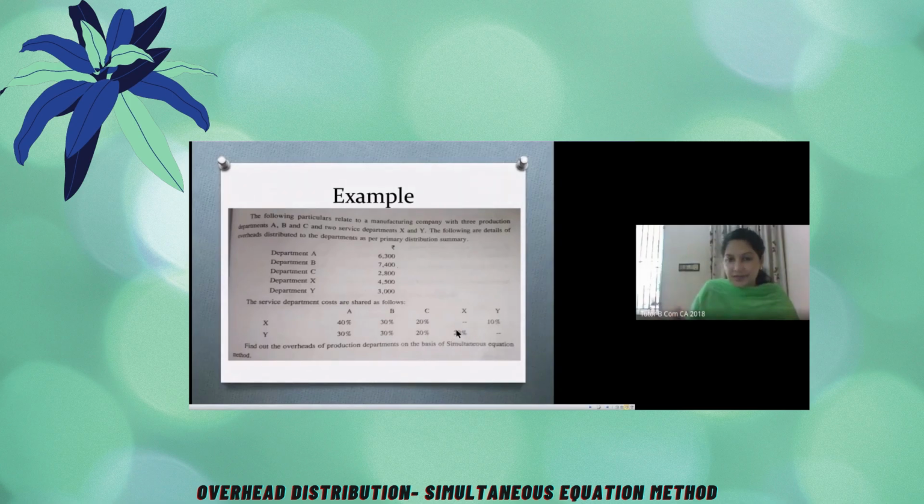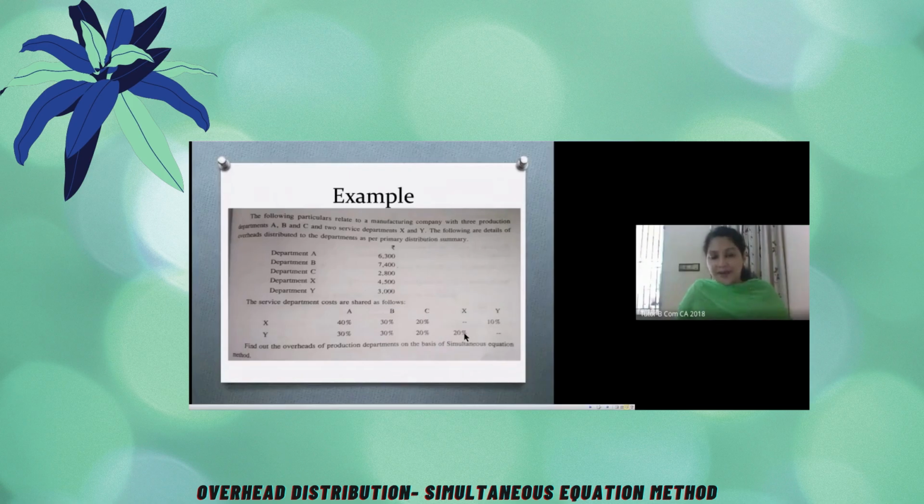So that is reapportioning. At the time of reapportioning, 10% of Y's expense would be shared with X, and 20% of X's expense will be shared with Y. These are the primary factors we will consider while framing the algebraic equation.